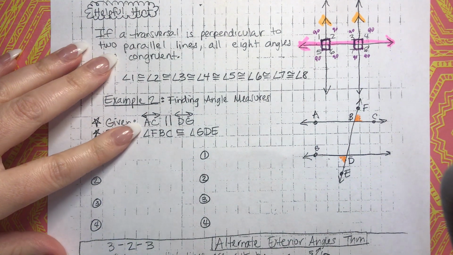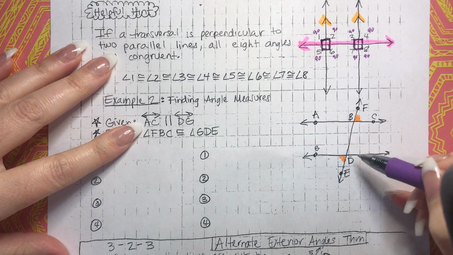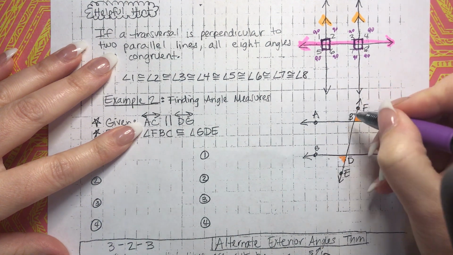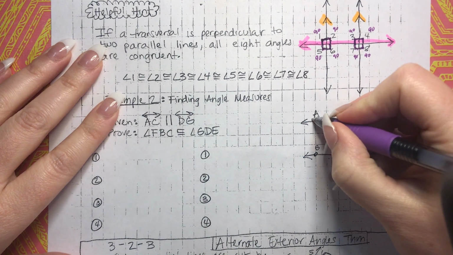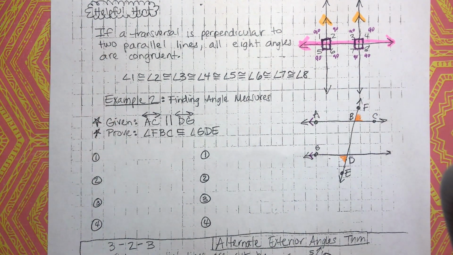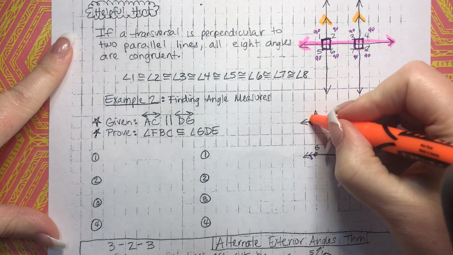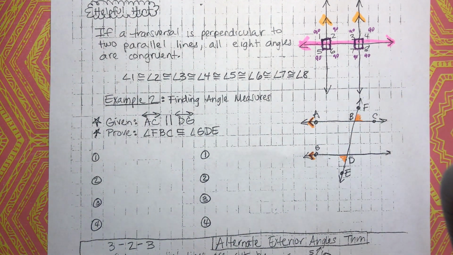So the given information is that AC is congruent to DG. So no, they're not congruent. They're parallel. I'm sorry. So first off, we know that these two lines are parallel, right? So we know that these lines are parallel. Now, why is it important to know if they're parallel?